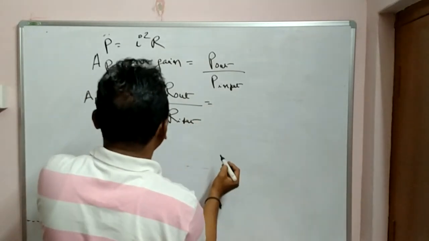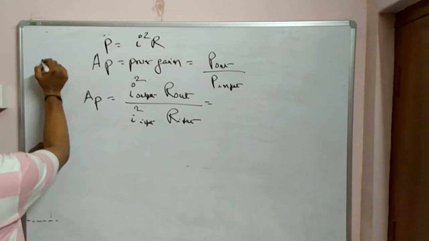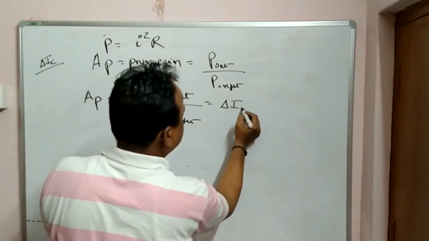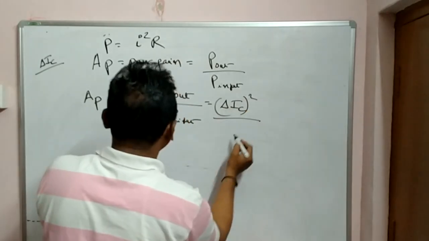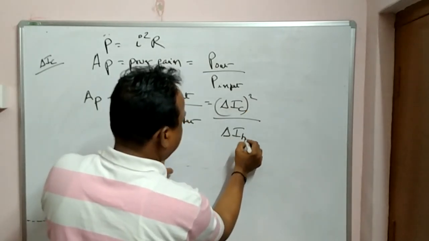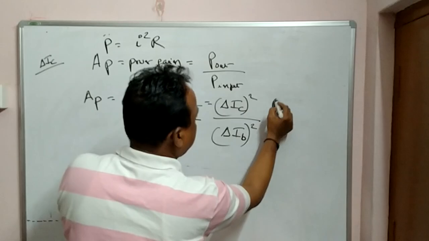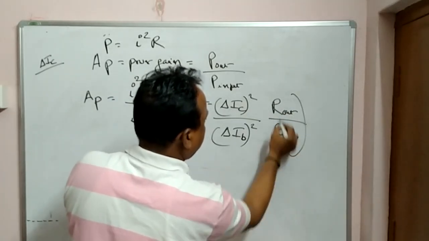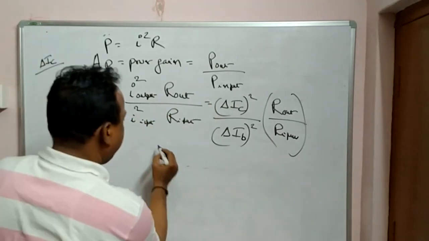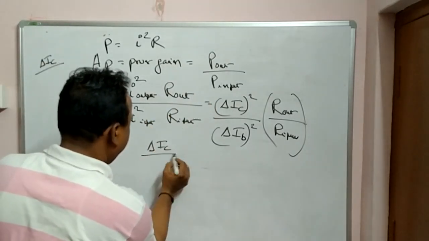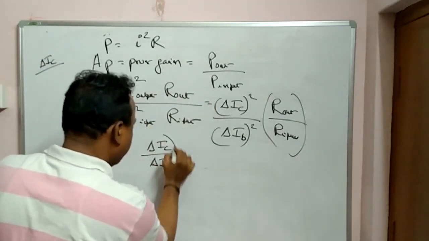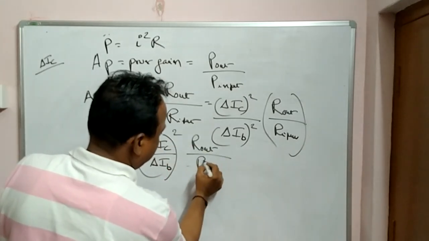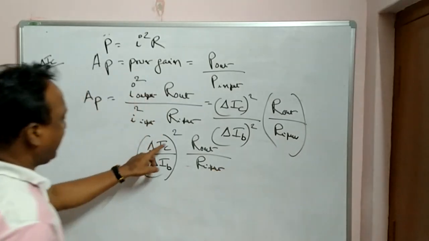So I output is delta IC, so delta IC whole square by I input delta IB whole square into R output by R input, and this entire equation I can write as delta IC by delta IB whole square into R output by R input. But what is delta IC by delta IB?